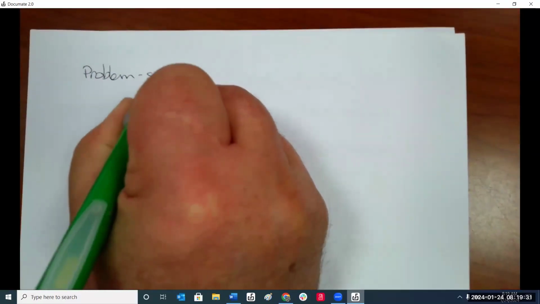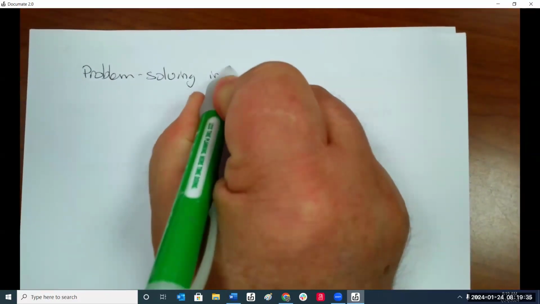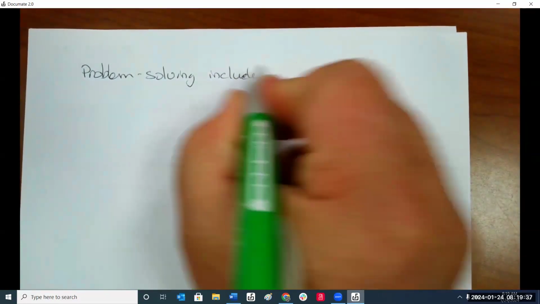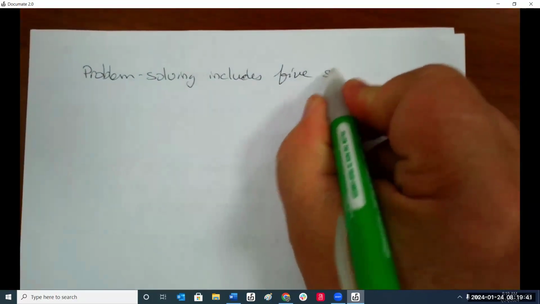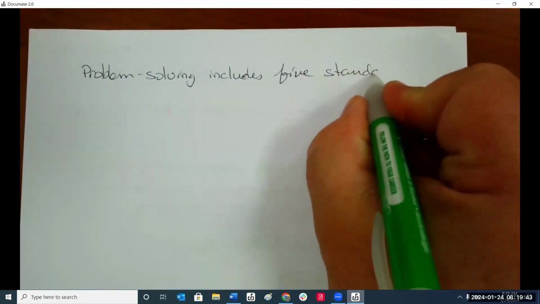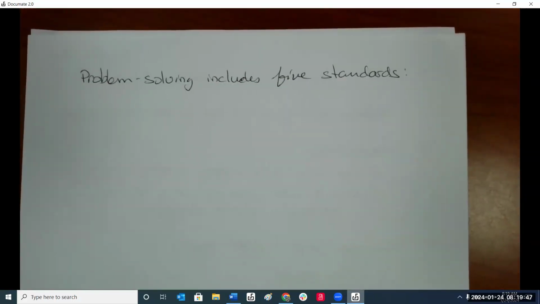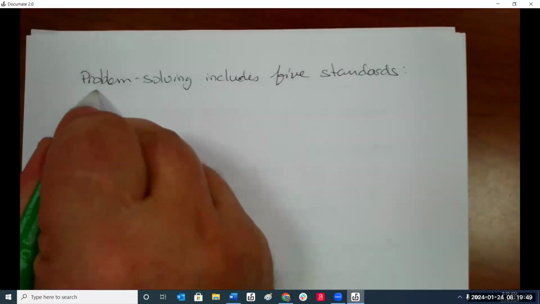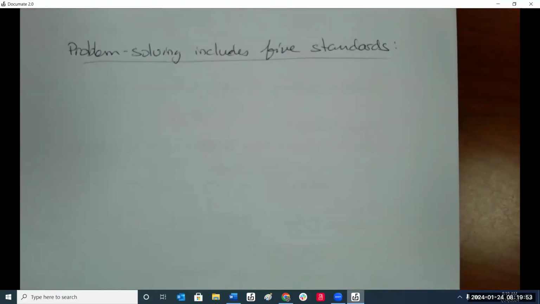Problem solving includes five standards. So when we do a problem, what are we trying to solve for?